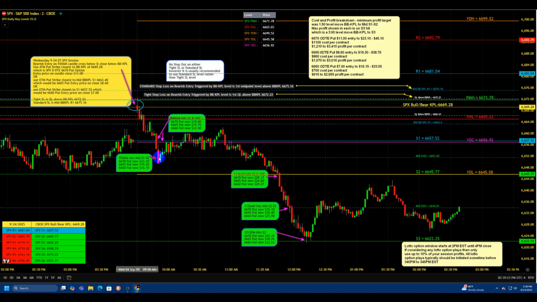Then you would leave 1 contract of the 5, and adjust your stop loss on that 1 runner remaining to either break even of $11, or to a cushion of profit above the 11, as an example somewhere between $12 and $13. And then you would do the same thing going down on that 1 remaining runner. As price continues to move more in your favor, you would add more and more of a profit cushion.